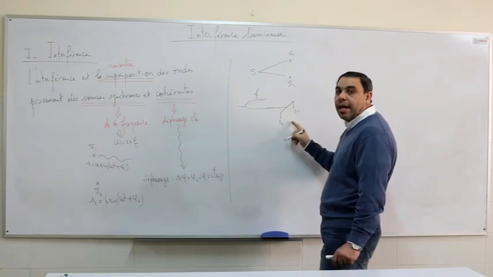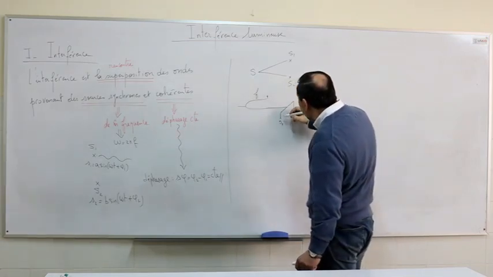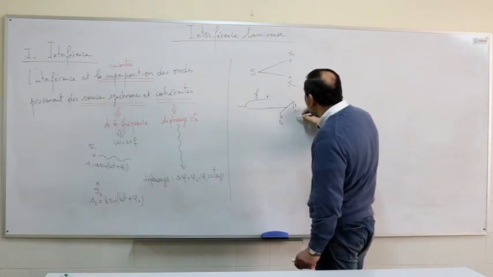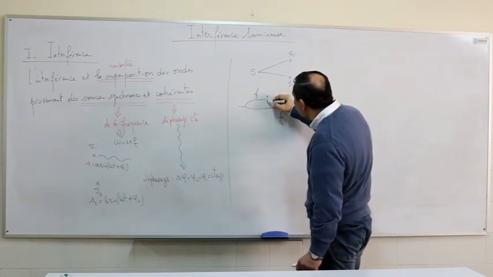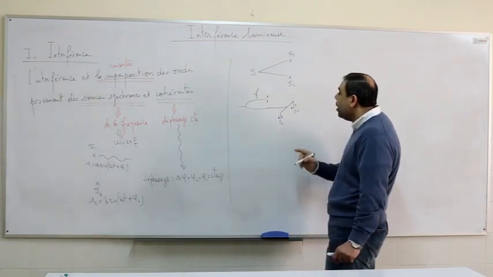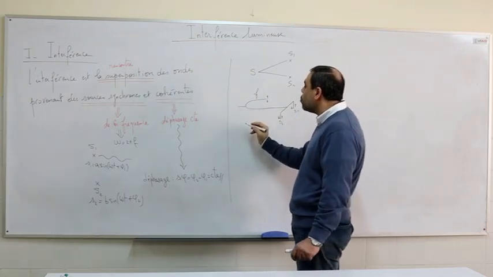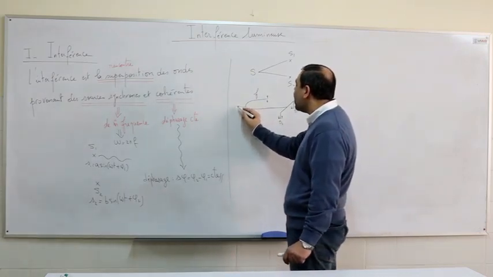This means that the two tips S1 and S2 vibrate at the same frequency f. And when the vibrator moves up, S1 and S2 both move up at the same time. And when the vibrator moves down, the tips S1 and S2 move down as well.